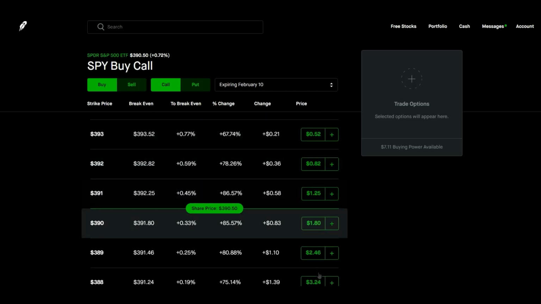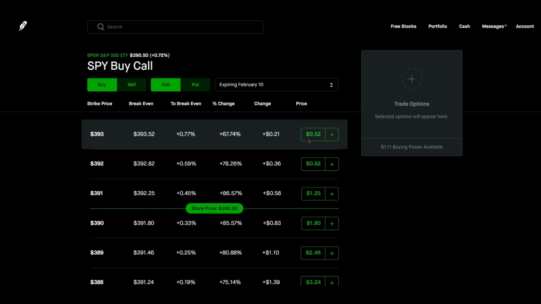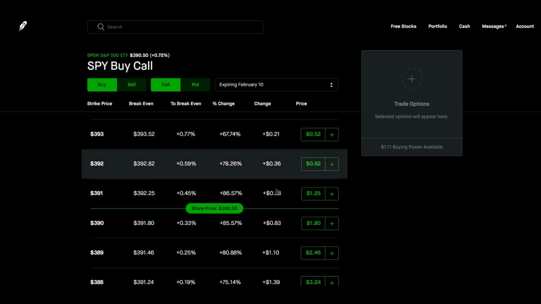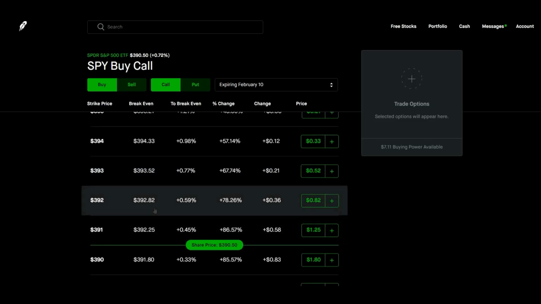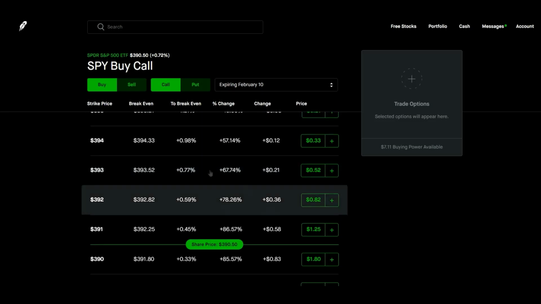As you can see here, these are the premiums on the right side, listed with the dollar sign. You have to pay a premium to reserve the right to buy 100 shares of SPY at that strike price if it's over that strike price on the expiration day.